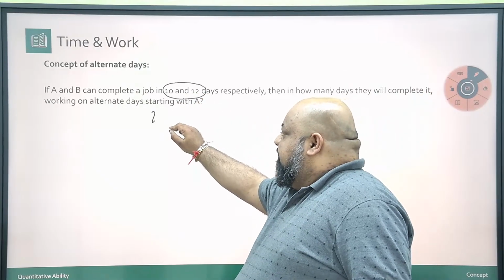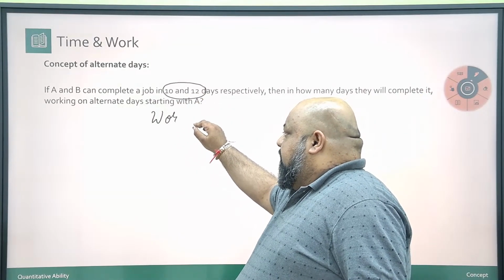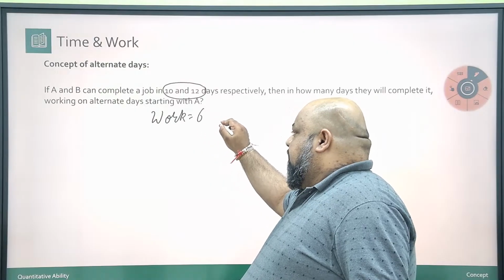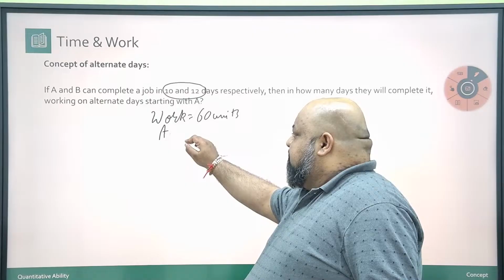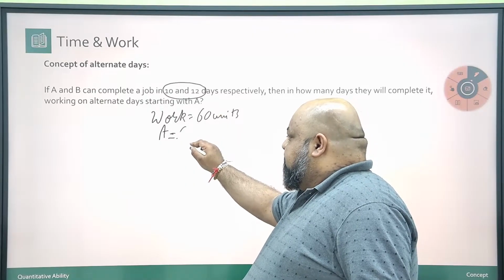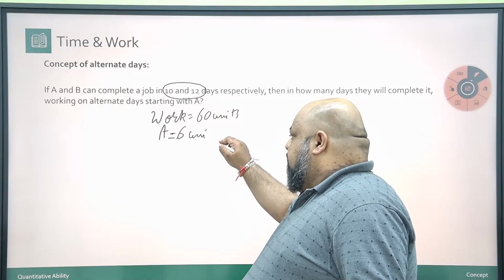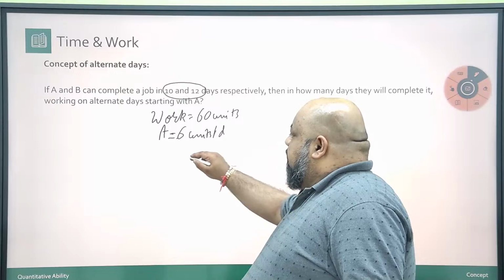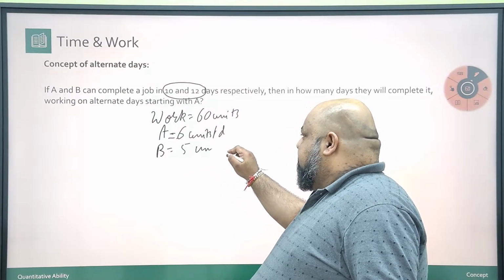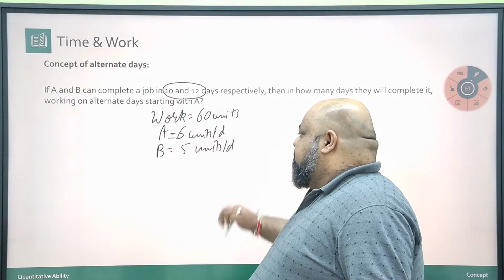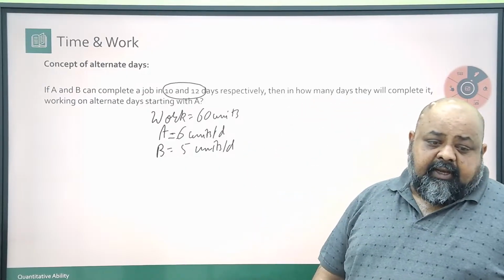So I'm saying let the work be of 60 units, which means A alone has an efficiency of 60 by 10, 6 units per day, whereas B has an efficiency of 60 by 12, 5 units per day. Right?